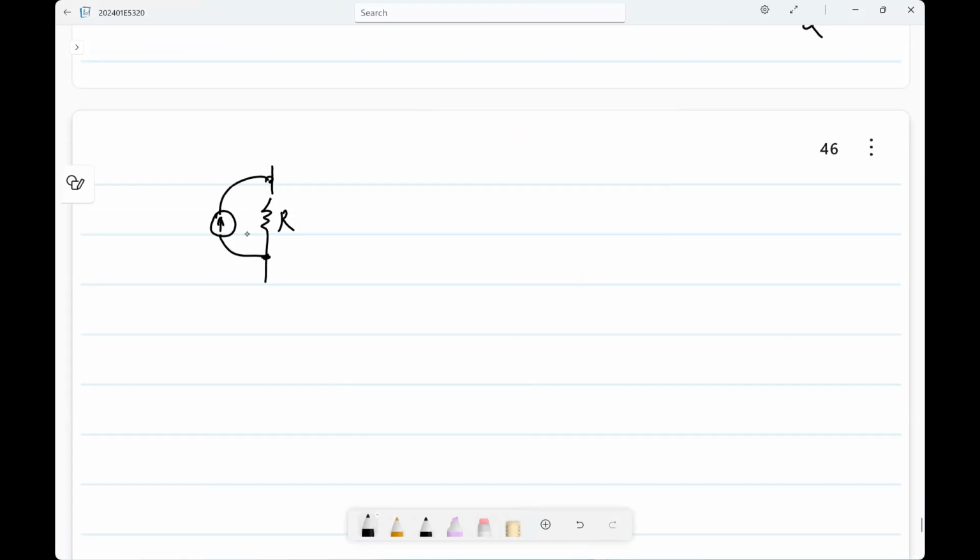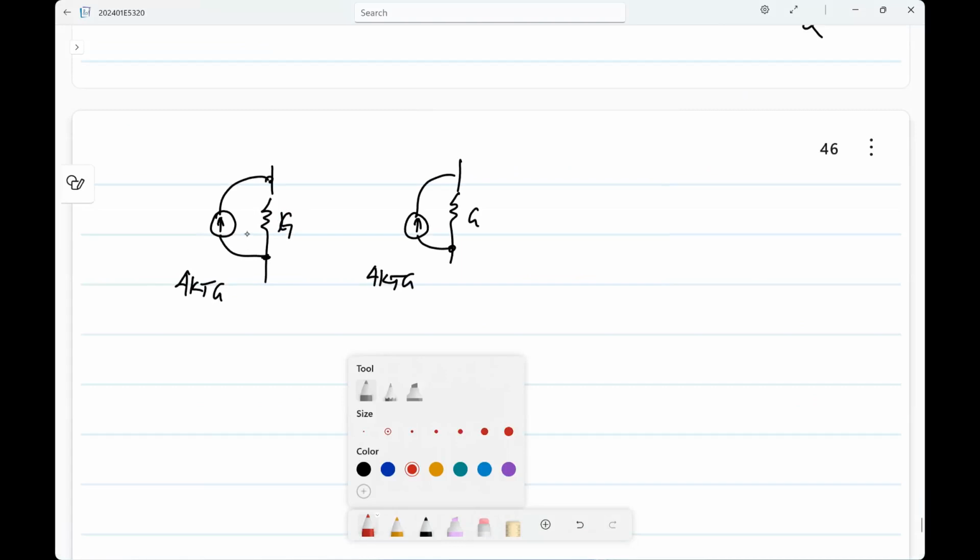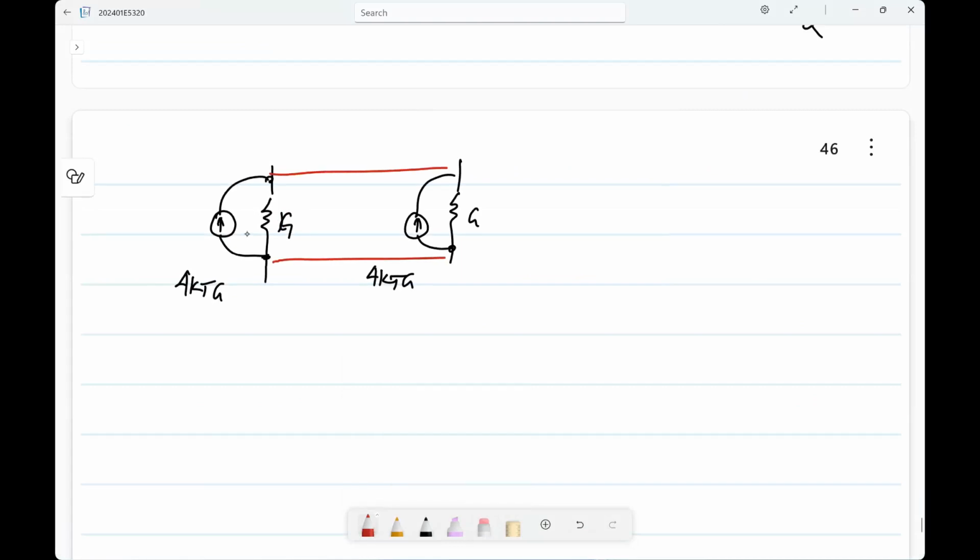What is the noise spectral density of this? Again, let me just use the conductance form, it's more convenient. And I have another resistor G. This is 4 kTG. So now if I connect these two in parallel, what will be the spectral density of the combined noise source? 8 kTG.